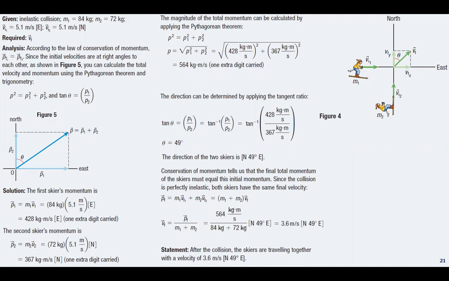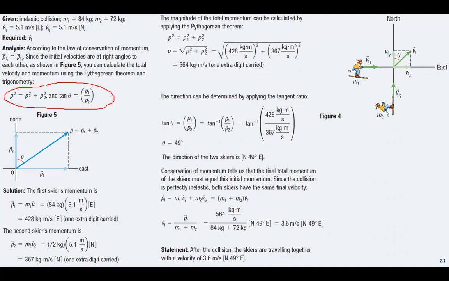So first, we have this relationship here, P squared equals P1 squared plus P2 squared, and tangent theta equals the ratio between P1 over P2, as shown here.